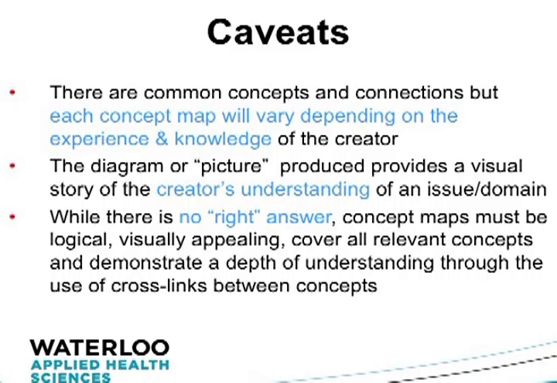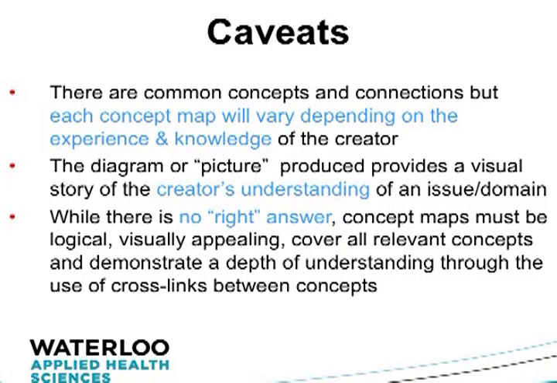So there are some caveats, and that is that each concept map is obviously going to be a conceptualization of the students or of the person, whoever's creating it. So as a result, there's never any right answer. And as you can imagine, when you're using this within a course or to mark something, you can extrapolate ahead and say, okay, there are going to be some problems that will probably raise their ugly head as you move into the marking of these things.